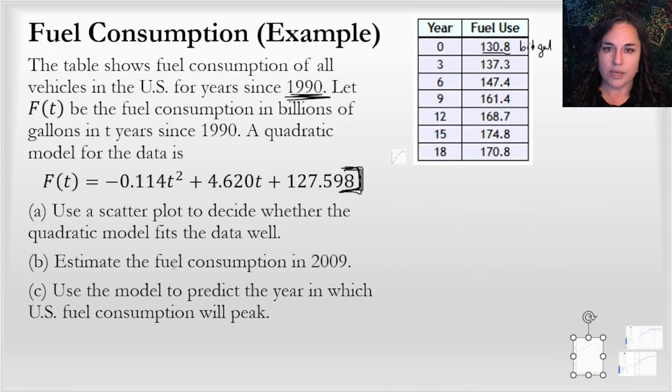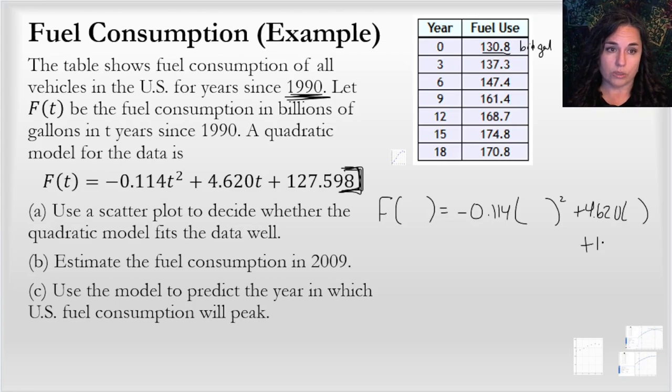It says estimate the fuel consumption in 2009. Okay, so what I see students have trouble with on this problem is they plug a value into the calculator, which I agree is the right thing to do, plus the 127.598 on the end. But what I see students struggle with is they want to put 2009 in there, which is not the right thing to do.